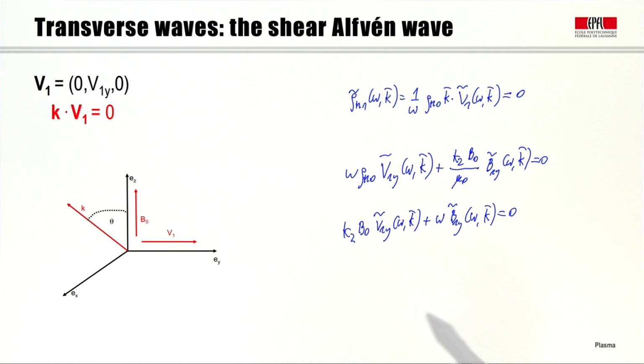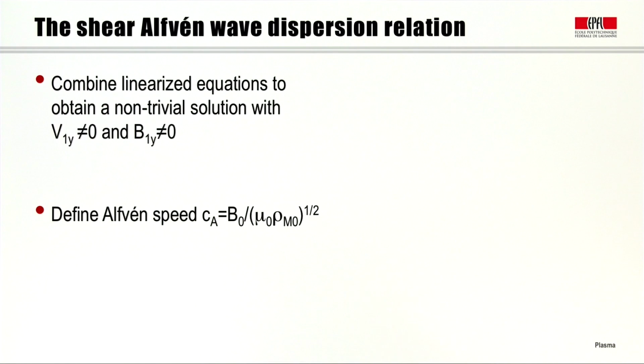So we end up with these two equations: omega rho m0 V tilde 1y plus kz B0 over mu 0 B tilde 1y equals 0, and the second equation kz B0 V tilde 1y plus omega B tilde 1y equals 0. We can then combine these two linearized equations into a matrix form.